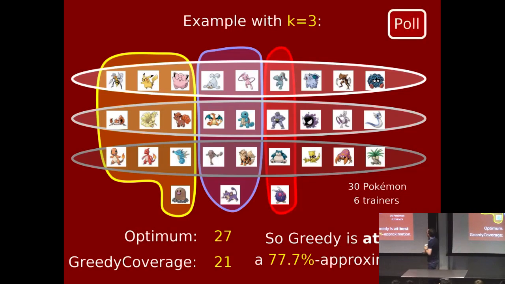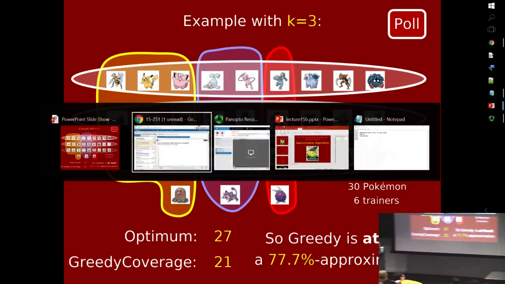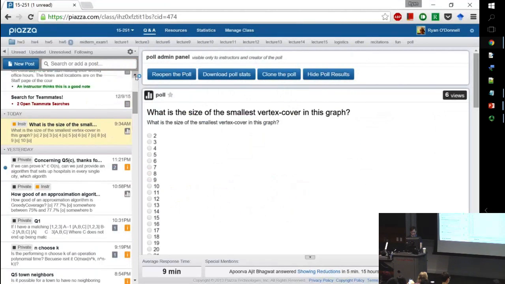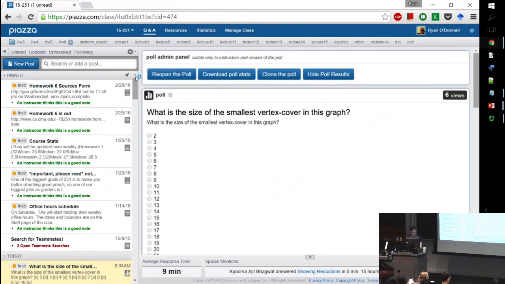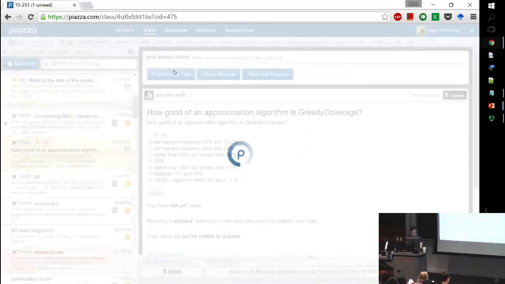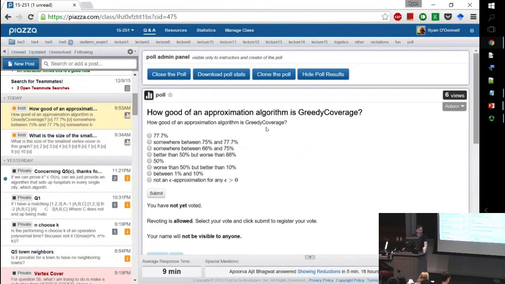Let's do one more poll. The other poll was about calculation. This one is kind of for fun, just a guess. Wait, where is it? Here we go. So just take a guess. How good is this greedy approximation algorithm?